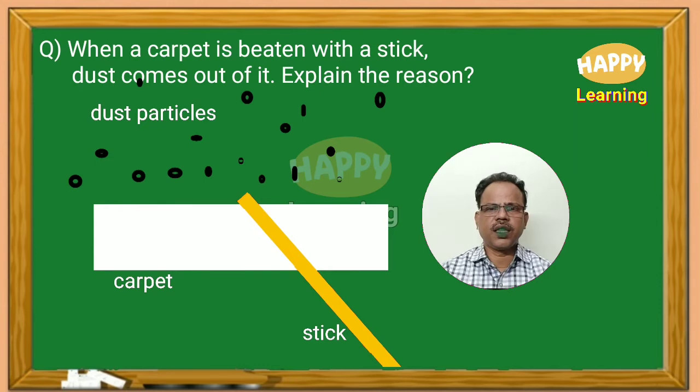At that time, the dust particles get separated from the carpet, and as the wind is blowing, the dust particles are blown off. Like that, we clean the carpets, beds, pillows by beating them with a stick.